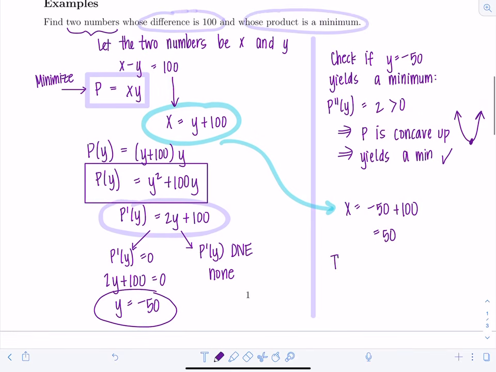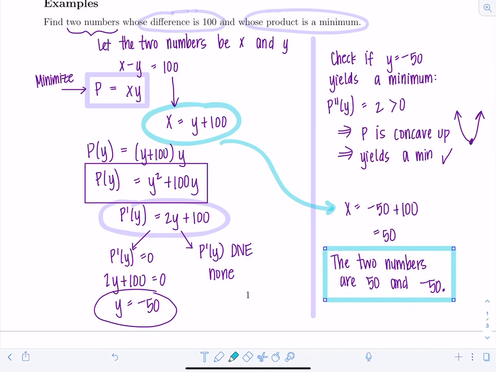The two numbers are 50 and negative 50. All right, very nice. Let's box that, and then we can move on to some examples that are a little more interesting.